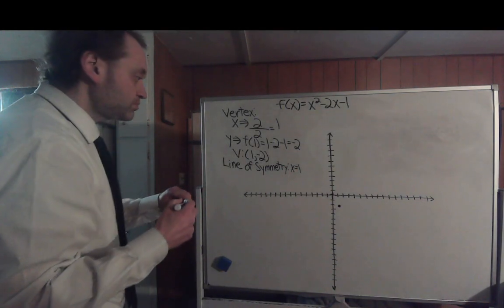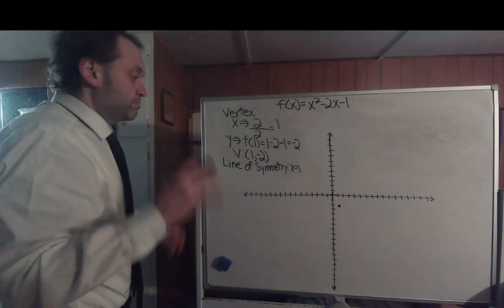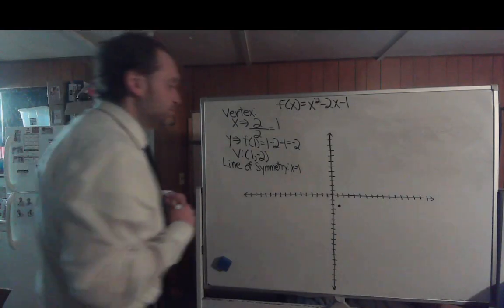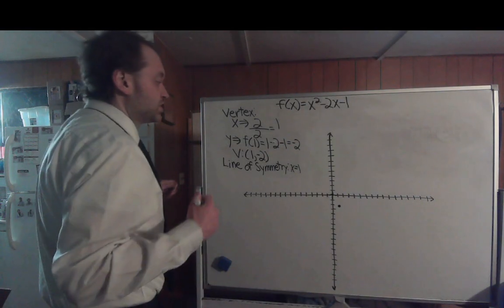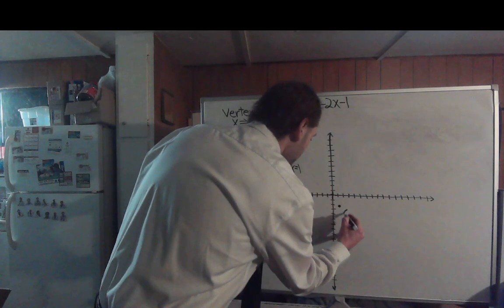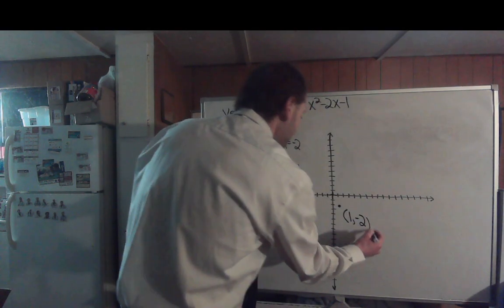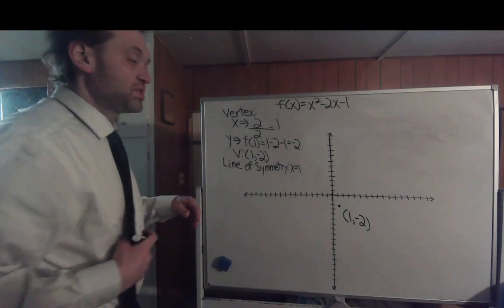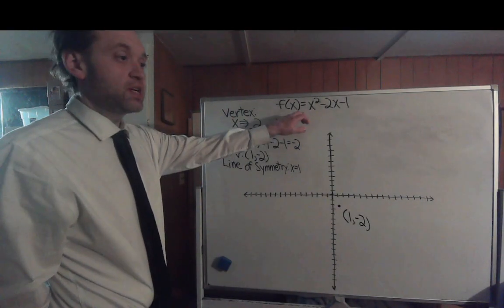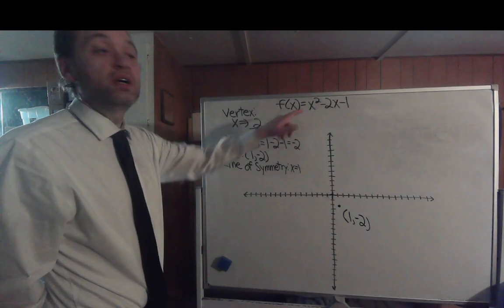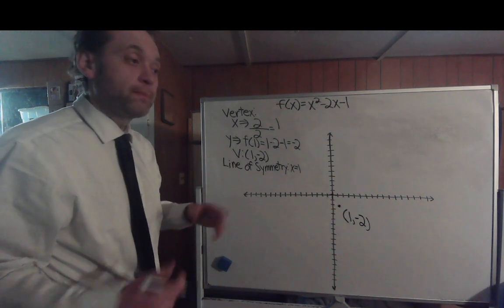Now, to the right and to the left, we need to plot 2 points. So here's your vertex at 1, negative 2. Something else to note, if the coefficient on your x squared term is positive, in this case it's a positive 1, it's always going to open upward.